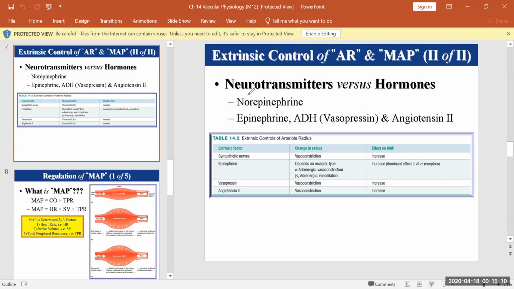When you see norepinephrine here, this is coming from the nervous system. And when you see epinephrine, this is a gray zone here. It's from a sympathetic response.